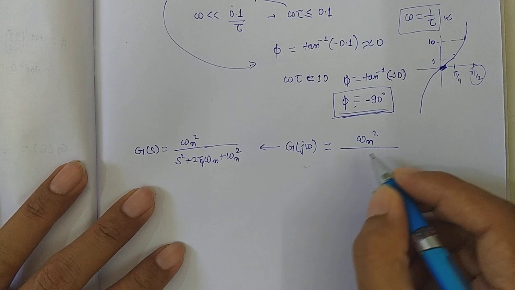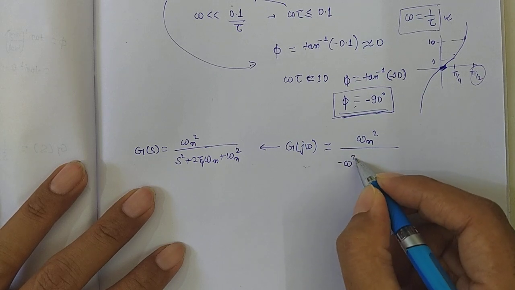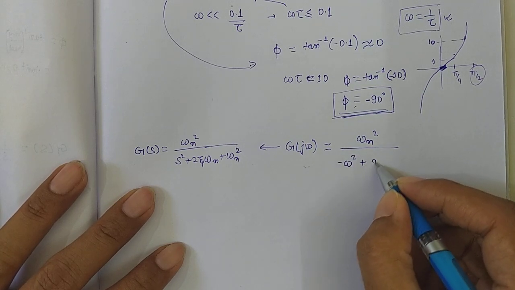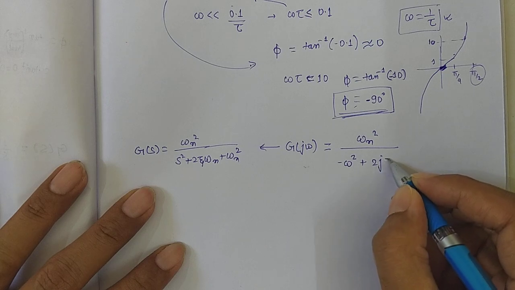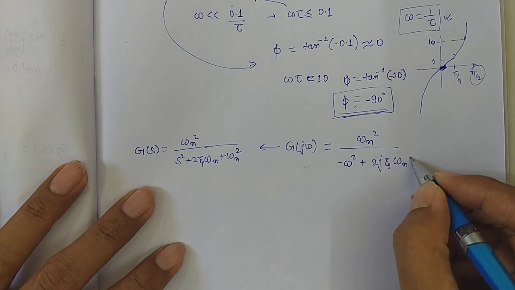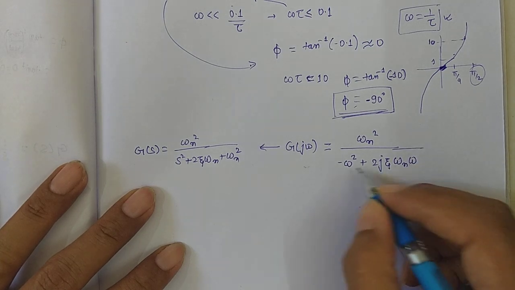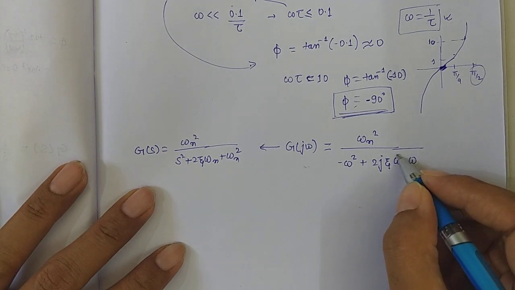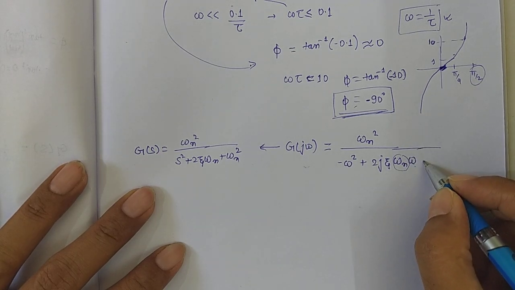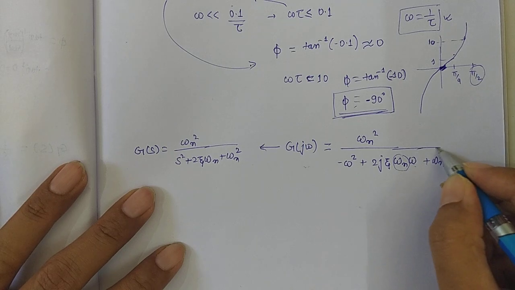So we get omega n square minus omega square plus 2j zeta omega n omega. Now this omega comes into the picture. This is what we are going to vary. Omega n will be fixed when the system is fixed.